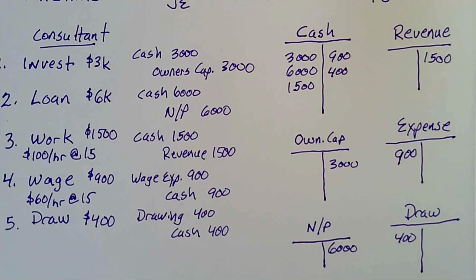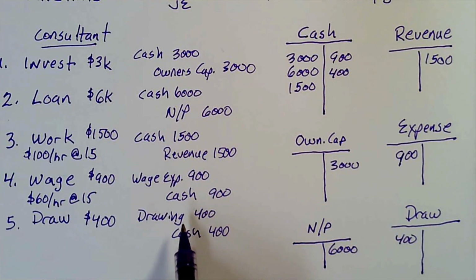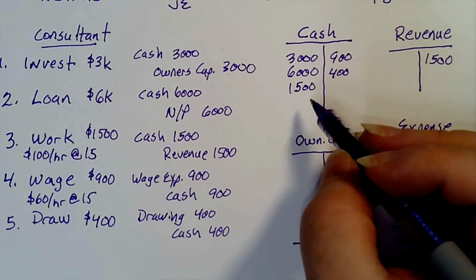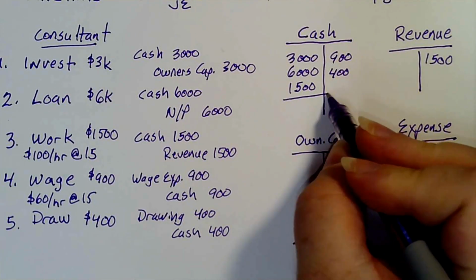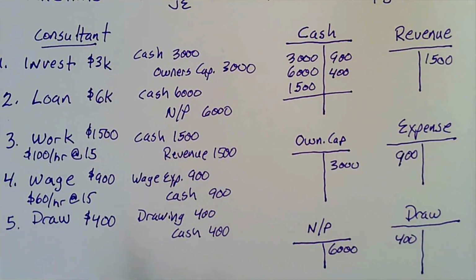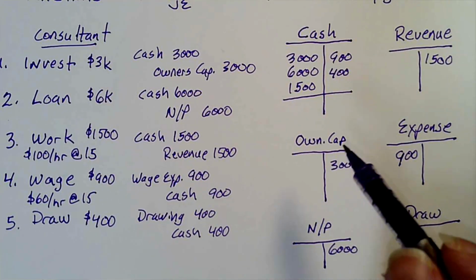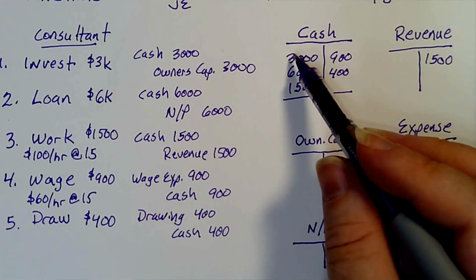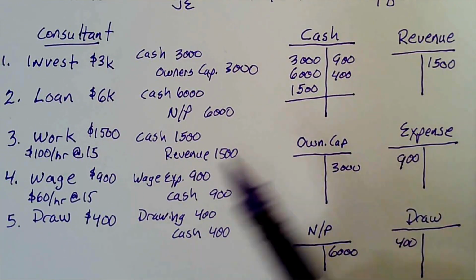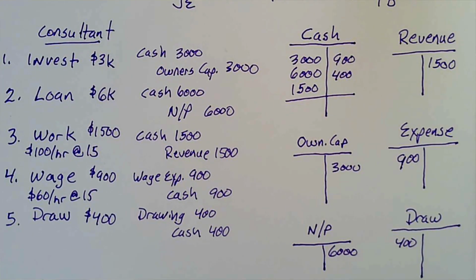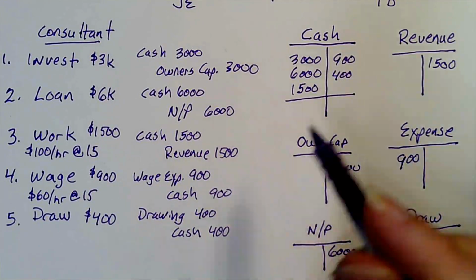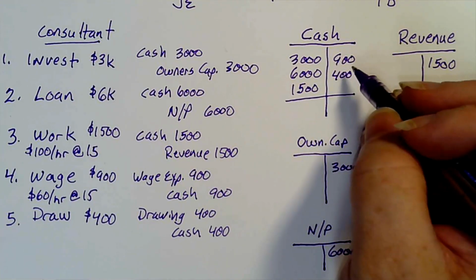And so now you notice that each one of these transactions has been put into their respective T accounts, and we should have all of the information here pretty well done. There's only one account with multiple amounts, all the rest of them are single amounts, but if I were to figure this one out, this is 6, 7, 8, 9, 10, 10,500 on the debit side minus 1,300.